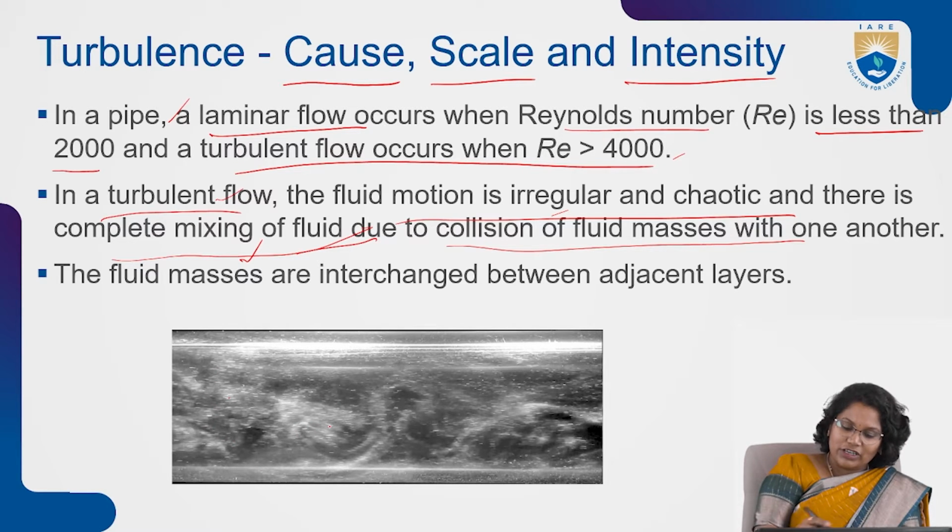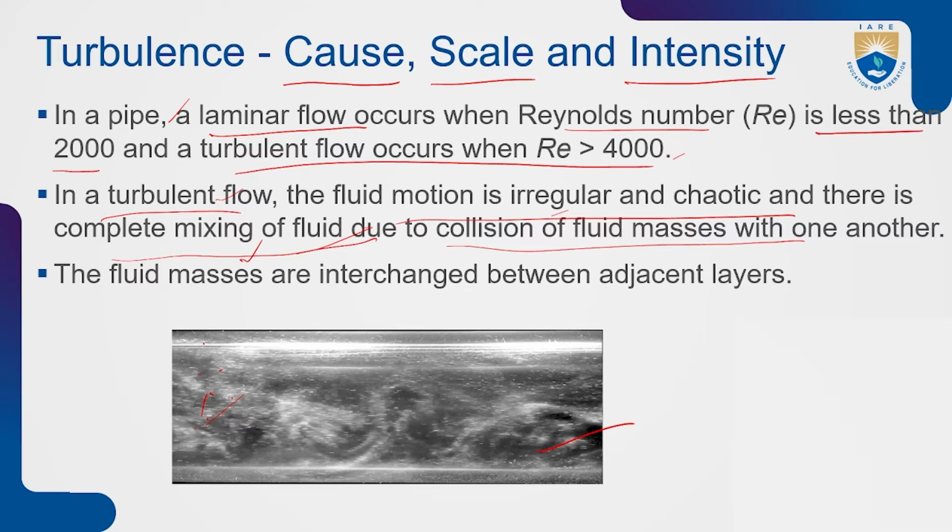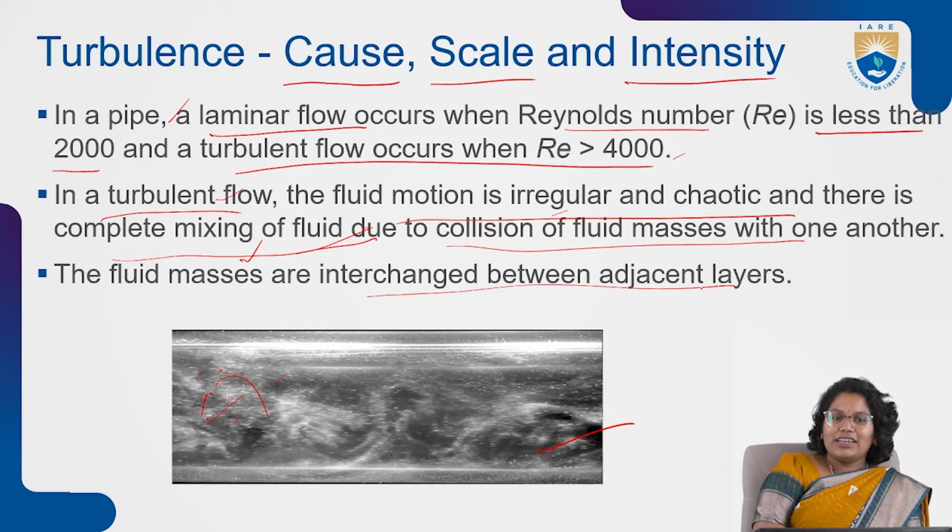In this figure, it is very clearly seen that if these dots are your particles, they are not moving in a straight line. They are jumping and colliding with one another in an irregular manner, moving from one point to another. The fluid masses are interchanged between adjacent layers.